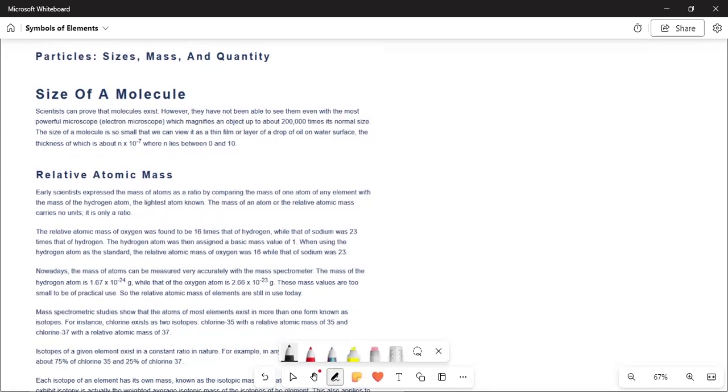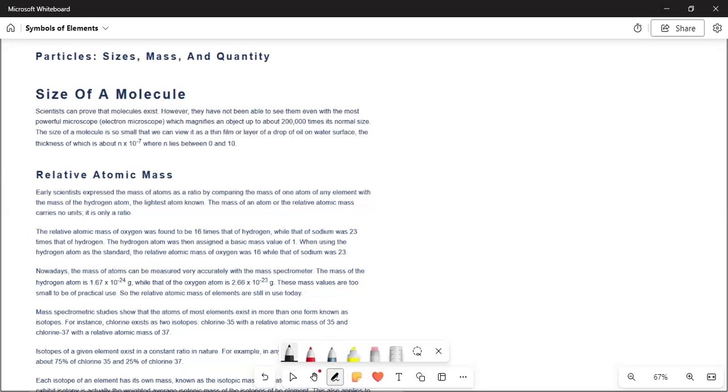So, relative atomic mass of an atom. Early scientists expressed the mass of atoms as a ratio by comparing the mass of one atom of any element with the mass of the hydrogen atom. The smallest or the lightest known element is the hydrogen atom. Because of that, early scientists used it as a standard by comparing every other element that has been discovered to the mass of hydrogen atom.